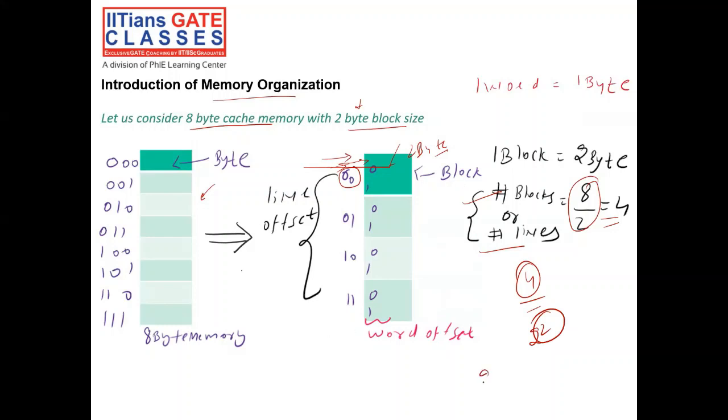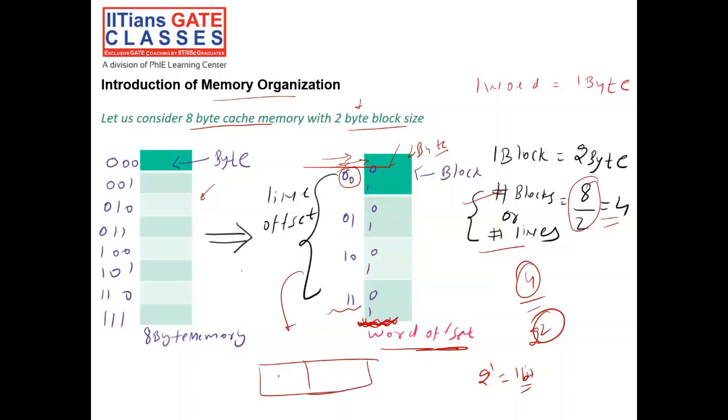The number of bits inside the block required to access the byte is the word offset. And the number of bits required to access the block or line is the line offset, right?